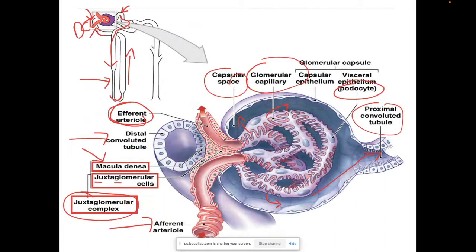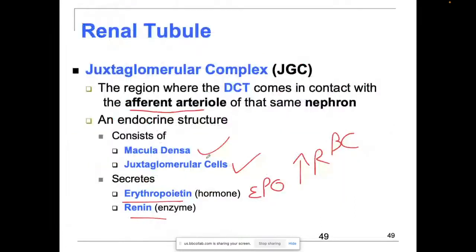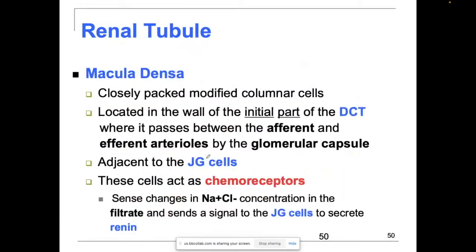So this juxtaglomerular complex is really important because of the macula densa cells and the JG cells in regulating blood pressure and red blood cell production. The macula densa cells are packed, modified columnar cells located in the wall of the initial part of the distal convoluted tubule where it passes the afferent and efferent arterioles near the glomerular capsule.